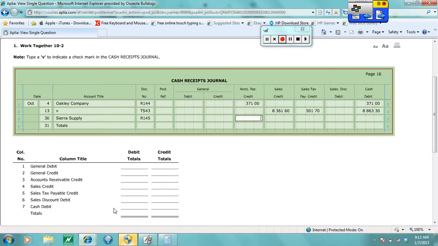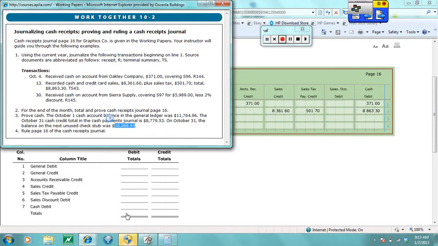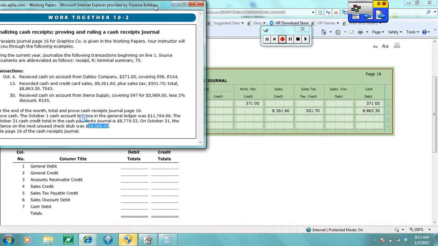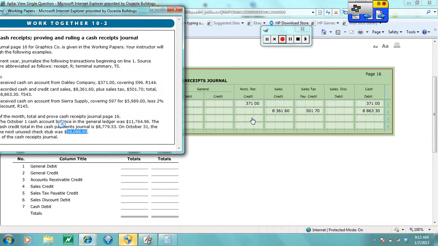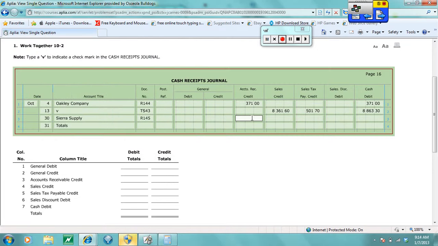Now here we received cash from a customer, but we gave them a 2% discount because they paid within 10 days, 2/10, n/30. That's a 2% discount if paid within 10 days, and the net is due within 30. The whole amount was $5,989.